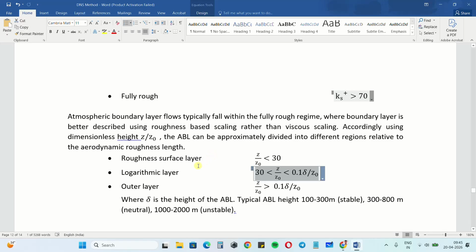So in order for us to use the wall functions, we have to place the first cell height in this region. Okay, otherwise we will be under predicting or over predicting the near surface behavior of an actual atmospheric boundary layer. So that's the point. So during the setup we will be calculating the first cell height according to this requirement.